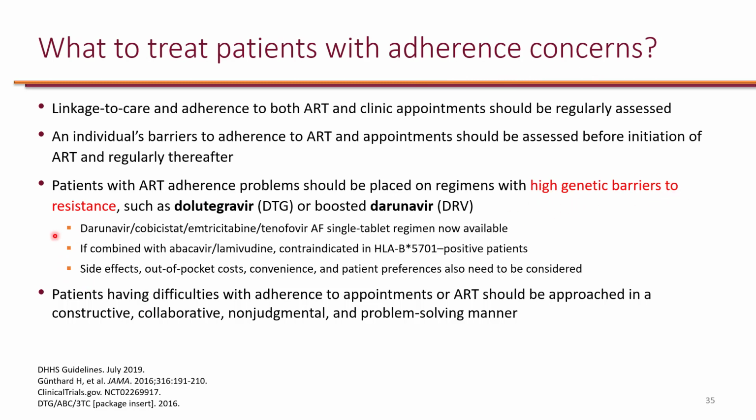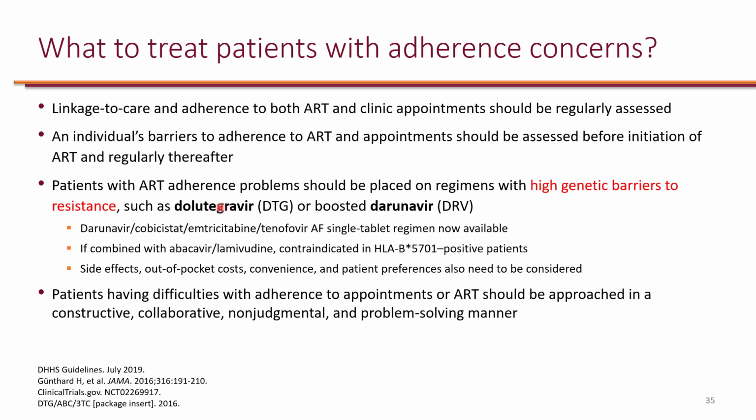So we can use either dolutegravir or darunavir. Darunavir is a protease inhibitor, and dolutegravir is a second generation integrase inhibitor. And these, because they have a high genetic barrier, are recommended in these patients, because if they miss a dose or two, these drugs are less likely to lead to resistance compared to other regimens.